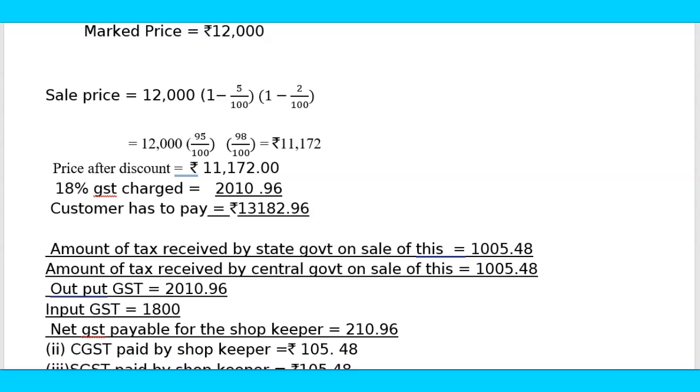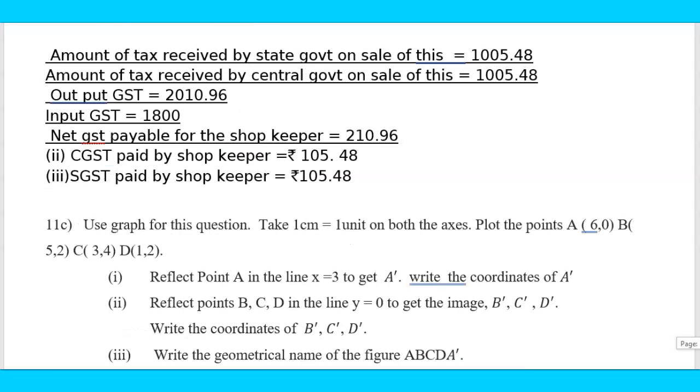So the difference is what he will actually pay. The output GST, while selling this, is what he charges from the customer. While purchasing, he paid 1800. So the difference is 210.96. So the GST actually paid by the shopkeeper will be 105.48. So this is the answer.